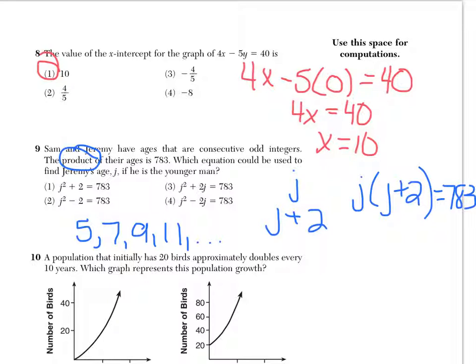Now this doesn't look just like one of my answers yet, so what I'm going to do is distribute, and I end up with j squared plus 2j is equal to 783, which is answer choice 3.